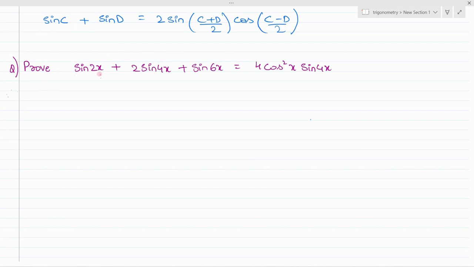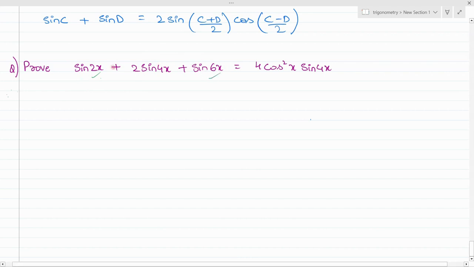In this question, we need to prove sine 2x plus 2 sine 4x plus sine 6x is nothing but 4 cos square x into sine 4x. The basic approach on the LHS side is to first sum up two values and then sum up with the third value. The basic confusion starts here: which two values do we sum up first? Here you need to sum up the first and third values.